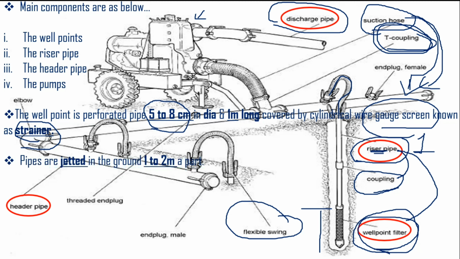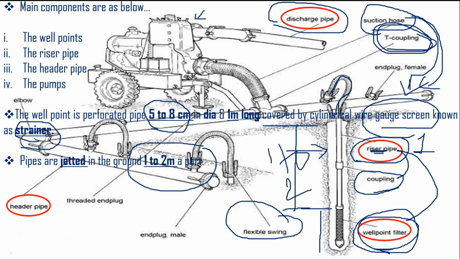Okay, now that riser pipe is installed in my ground level with the jetting method, that means by forcefully applying it, and it is pumped in up to 1 meter to 2 meter, but it depends only on the condition of your site. Clear? Because one well point system is also used for more than 15 meter or more than 20 meter, and at that time this well point is not suitable.